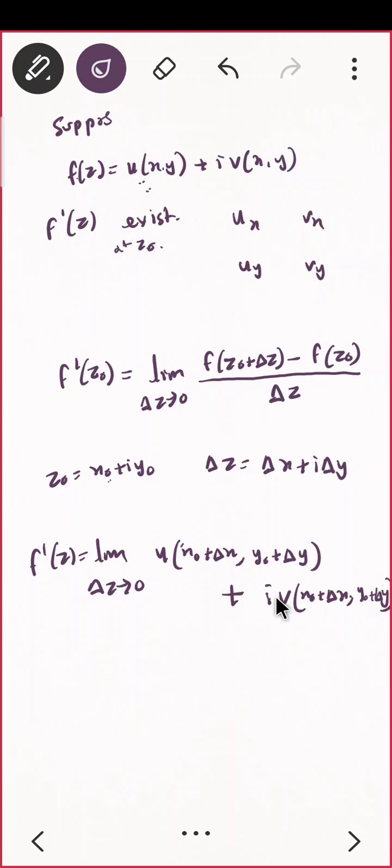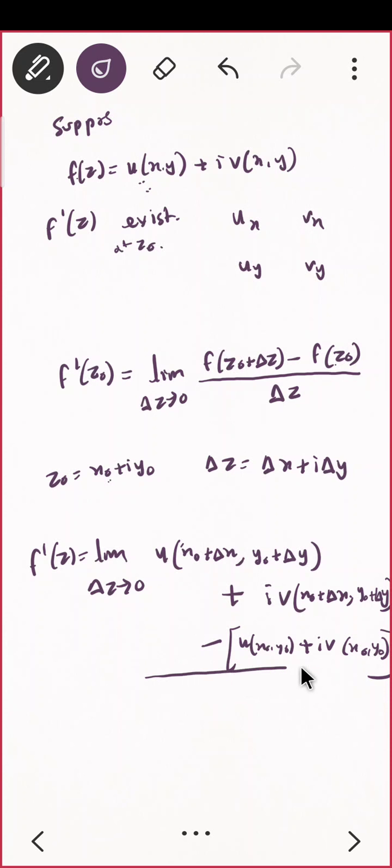Minus f of z naught. That will be u of x naught y naught plus i times v of x naught y naught. Is the expression clear to you?